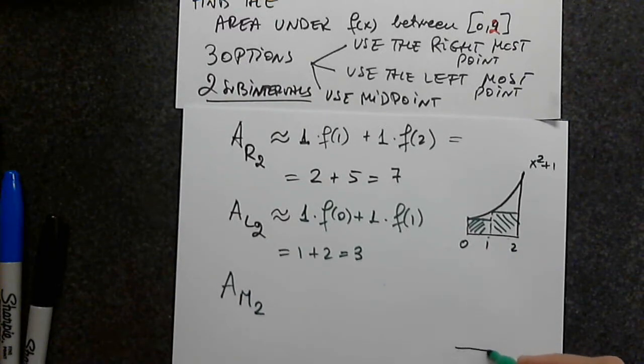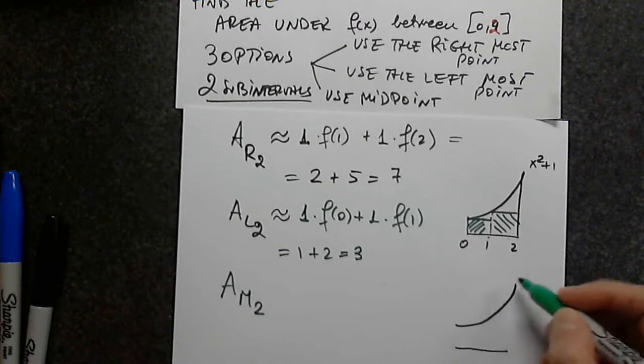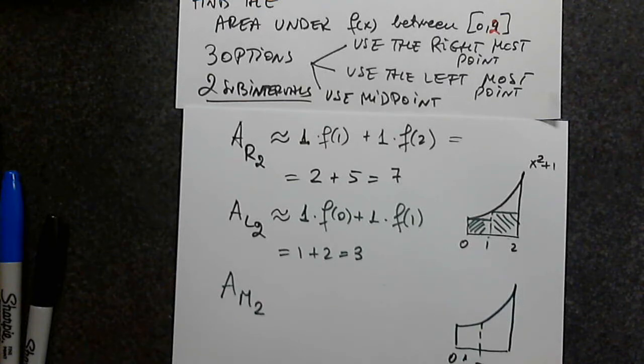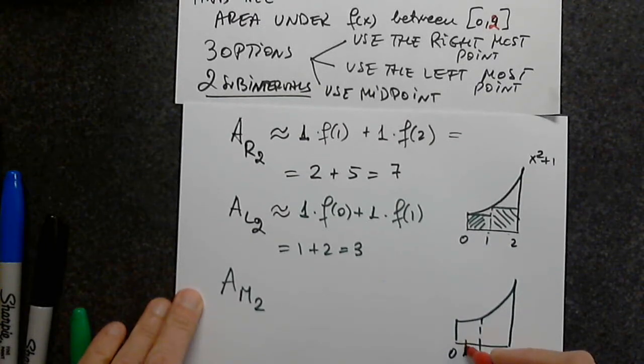Okay. So now I want to determine the area with the midpoint, 2 subintervals. So I'm going to graph it again. This is 0, this is 1, this is 2. Right in the middle, this is 1 divided by 2, and this is 3 divided by 2. This is the height now, and this is the height now.